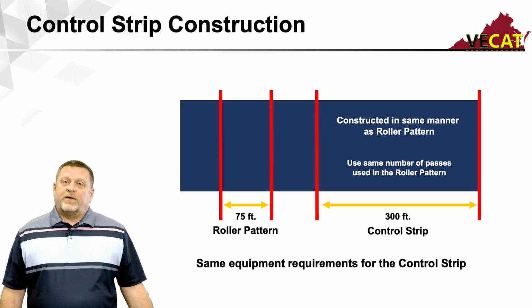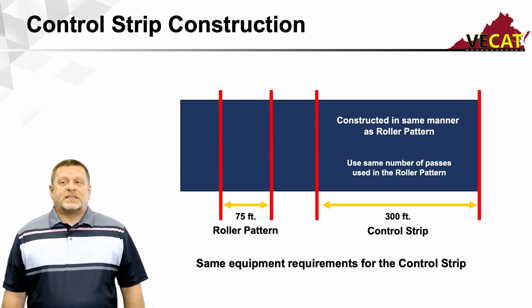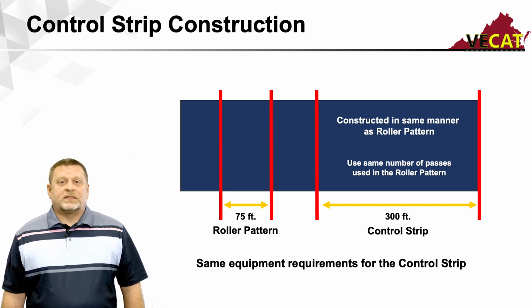Maybe this paver had the vibratory screed on, that must stay on. All that stays the same, and we'll construct this 300-foot control strip with the same equipment as we did with the roller pattern. And this is where we'll actually measure exact densities to see whether or not we're passing and meeting specification.